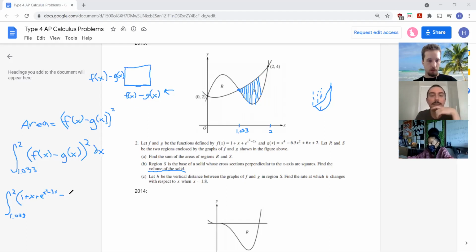If you could respond, that'd be awesome. So that's f of x. We're going to subtract g of x here. I'm sorry about that. I wasn't sure if I was going to be going over slope fields or volume today, so because we didn't know how many people in class there would be, just because of the AP English exams.